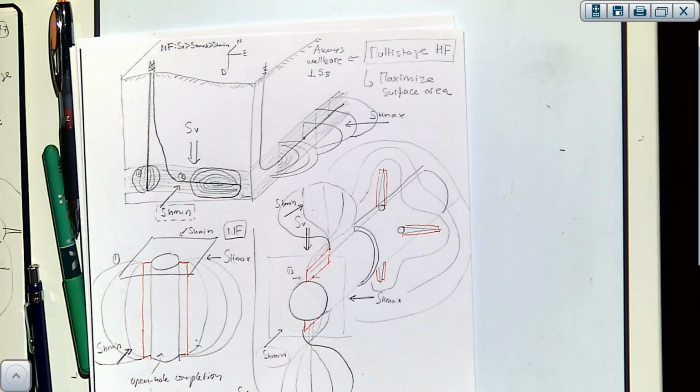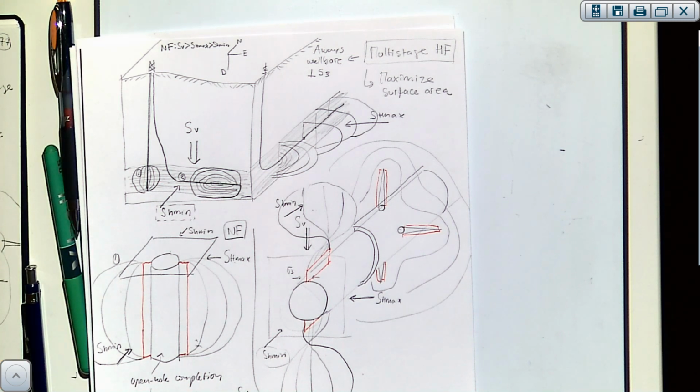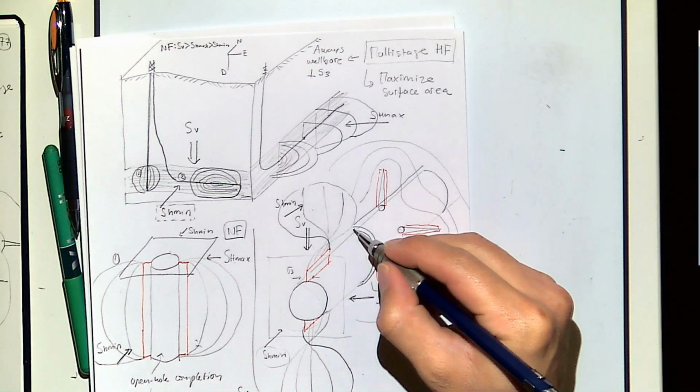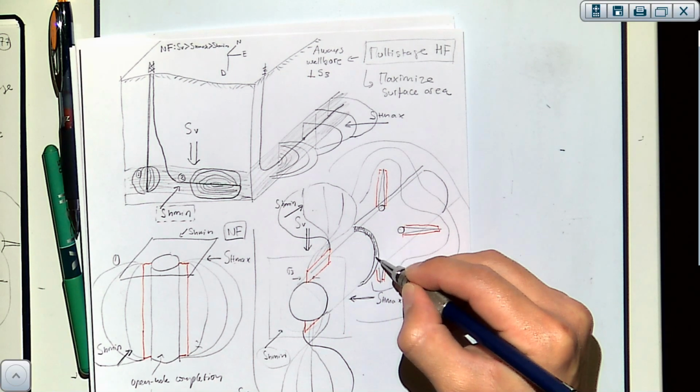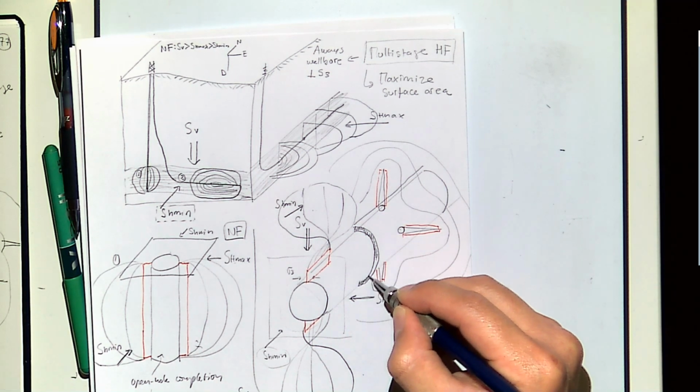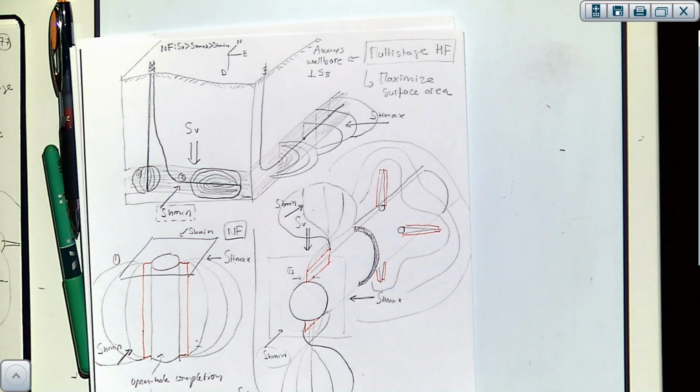Okay, let's see, we have a few more minutes. Yes, Jack, go ahead. So when you have casing and you do perforations, is that analogous to the first example we did? Yes, the perforations are like small wellbores.